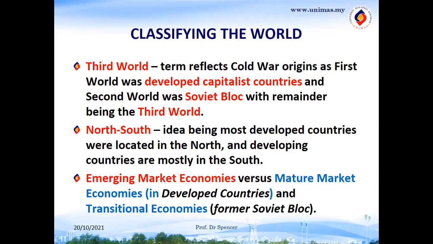If you look back at the map just now, you can find that most of the developed countries, including Canada, US, European countries, and also Japan, except for Australia and New Zealand, which are in the south. So the developed countries are in the north, and so they are often referred to as the north, and the developing countries are mostly in the south. So that's how the term north-south region of the world came about.